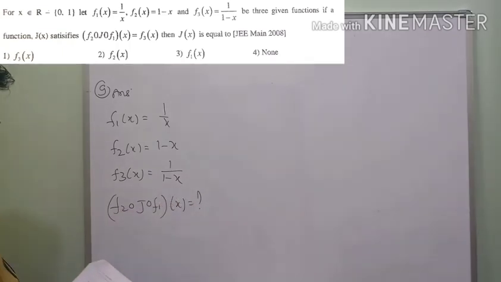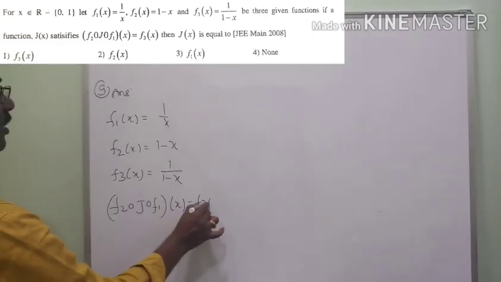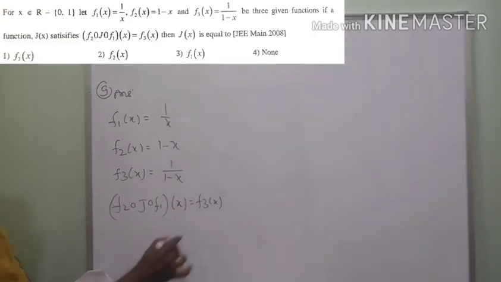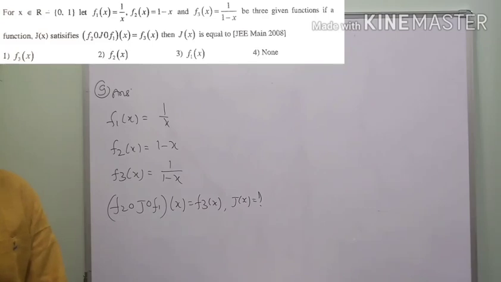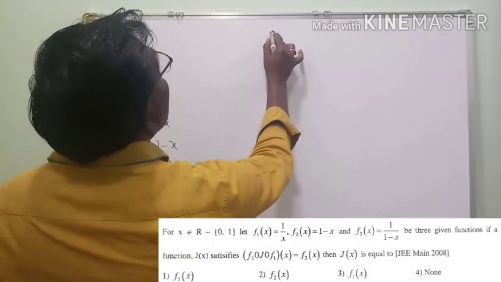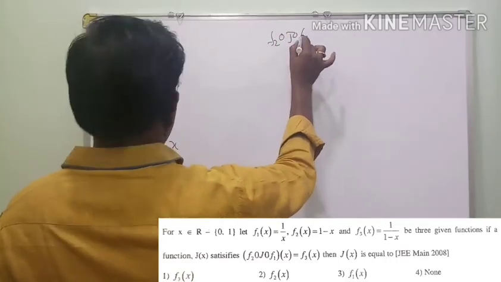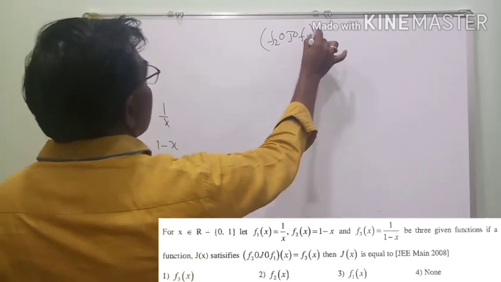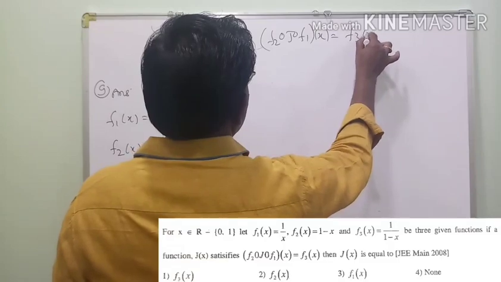This question is asked. Even this is given equal to f3 of x. Then what is the question? Then j of x is the question. Okay? j of x is f2 composition j composition f1 of x equal to f3 of x.